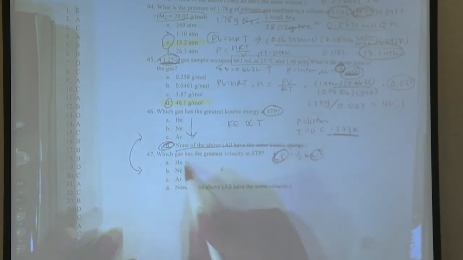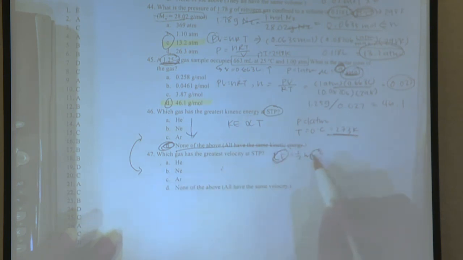So if we have to keep kinetic energy equal and our mass increases as we go from helium to neon and neon to argon, then our velocity needs to decrease in order to compensate, because these have an inversely proportional relationship, right? So the one that has the greatest velocity is actually going to be helium, because while it has the smallest mass, it's going to have the largest velocity in order to keep our kinetic energy the same. Does that make sense?